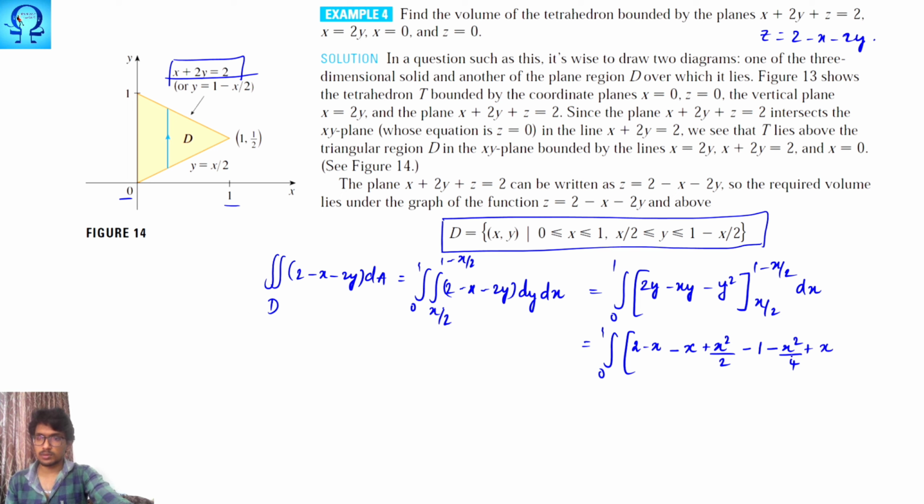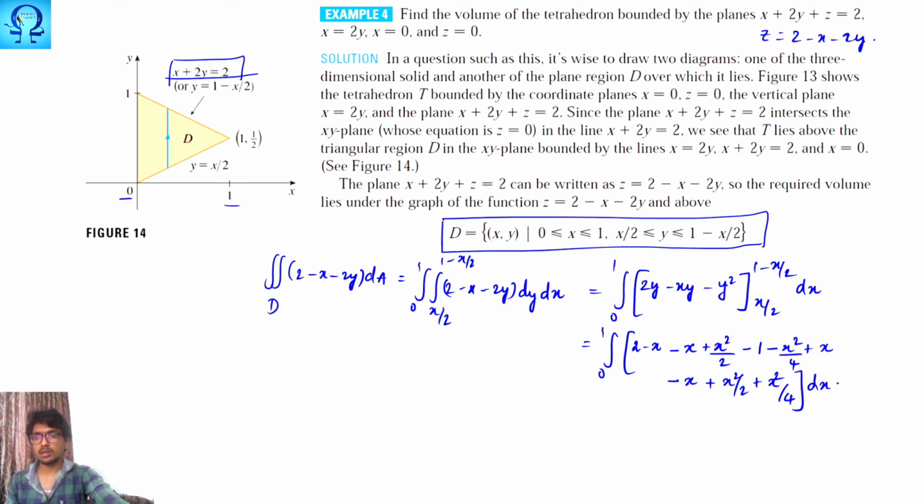And we'll have to substitute this one. Minus y, this gives you x, and here minus of minus becomes plus x squared upon 2, and this is also minus of minus becomes plus x squared upon 4.